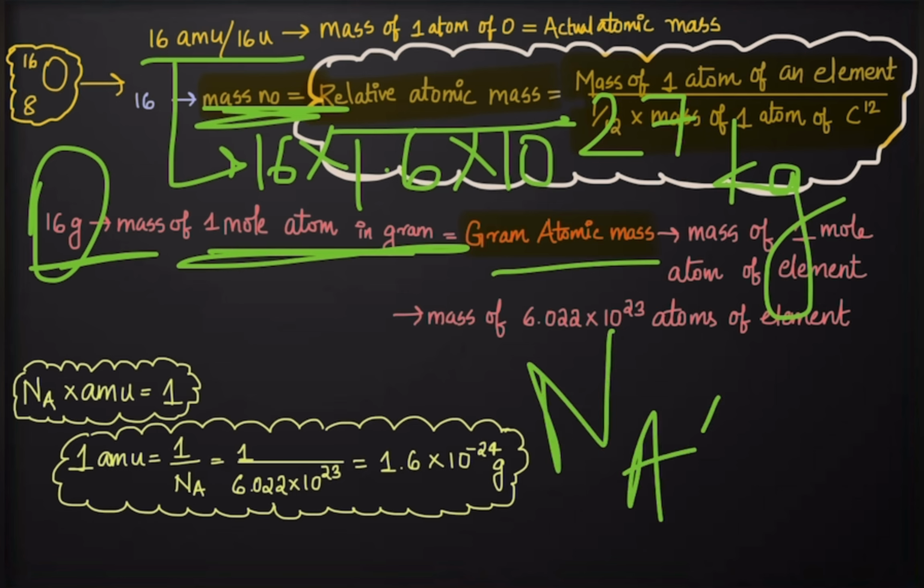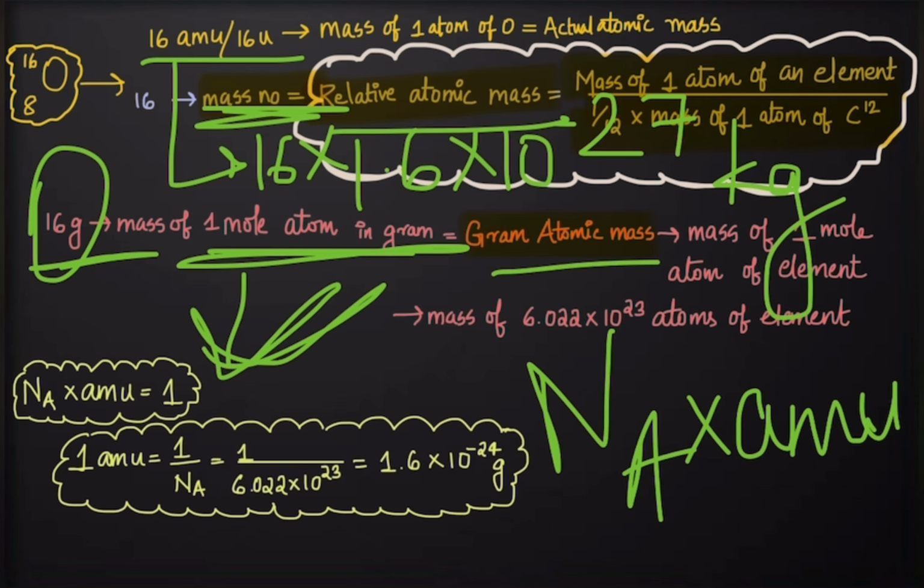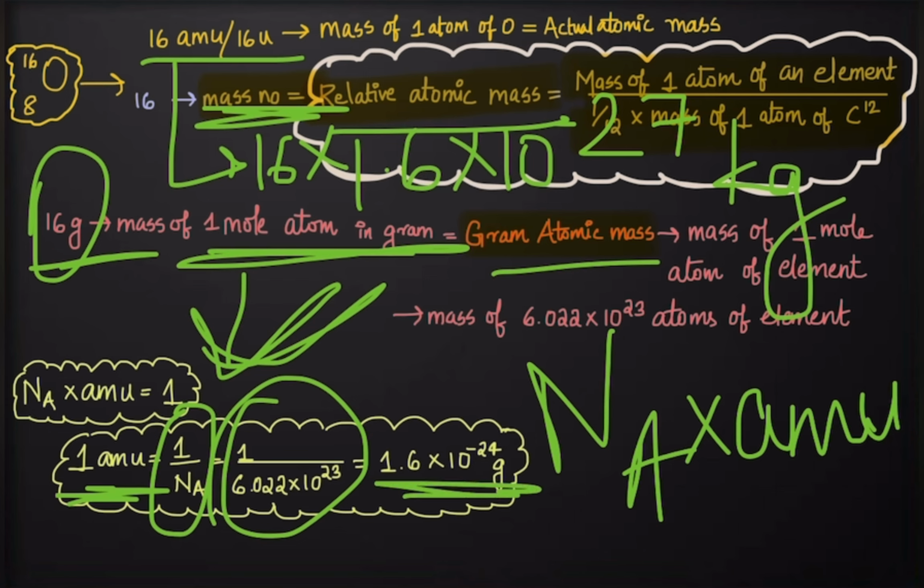Avogadro number multiplied by AMU is equal to 1. That means 1 AMU is equal to 1 by Avogadro number, 1 divided by 6.022 into 10 raised to 23, which is equal to 1.6 into 10 raised to minus 24 gram.